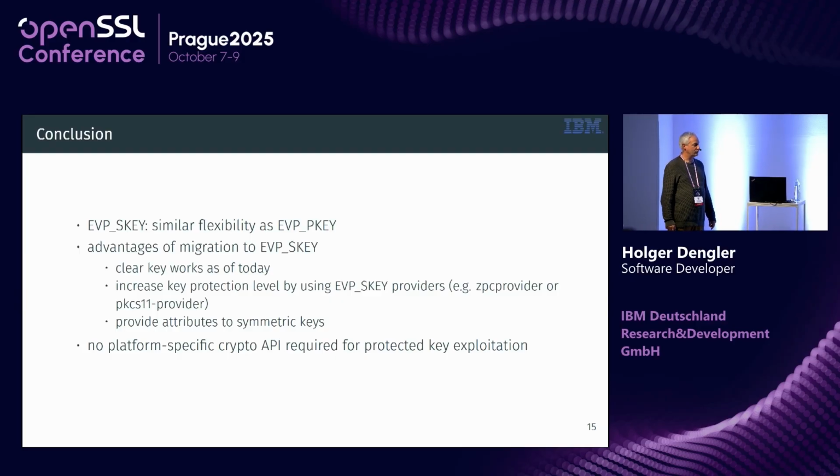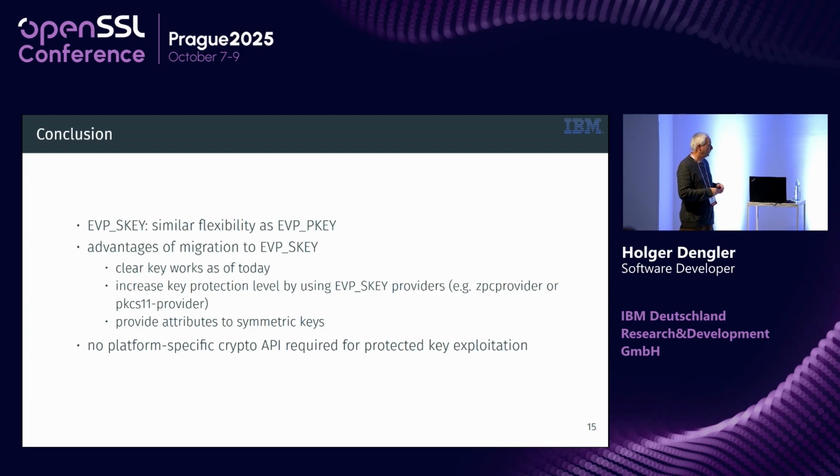Okay, and for the consumers, the advantages are also very huge, because depending on the configuration or the key material, you can increase maybe not the performance, but the security level of your application.